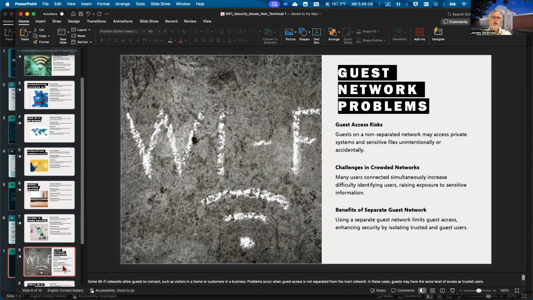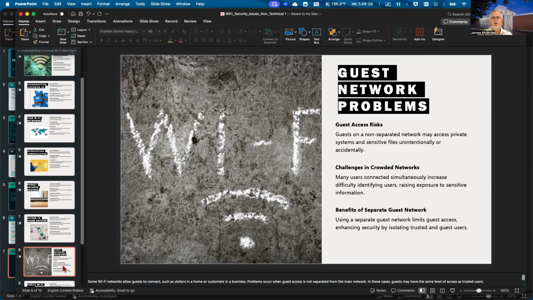Now, there is another problem, guest networks. To get rid of the issue of what's your Wi-Fi password, and you giving out this information to your protected network to people that you trust, but you don't know what's happening with their device. Most medium range to high end Wi-Fi will have a place where you can set up other networks.